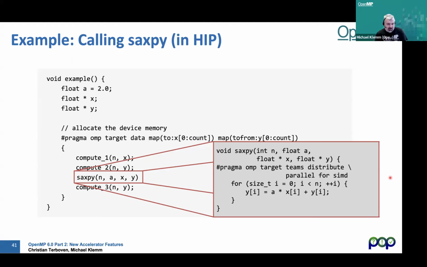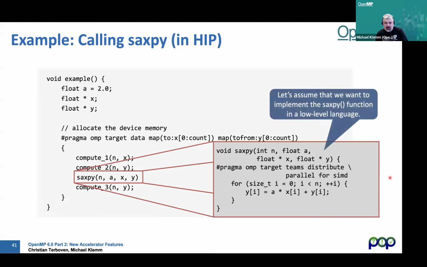All right. Now let's suppose for a second that the compiler doesn't do the right job for this kernel, and that you want to rewrite that kernel in a lower level language like HIP to get additional performance out of the GPU. And let me say that this is a contrived example, so any decent GPU compiler will produce the same code regardless of whether you use HIP or OpenMP.